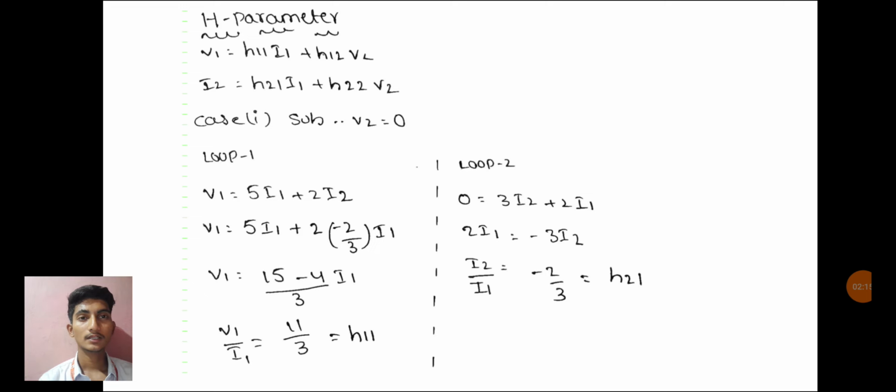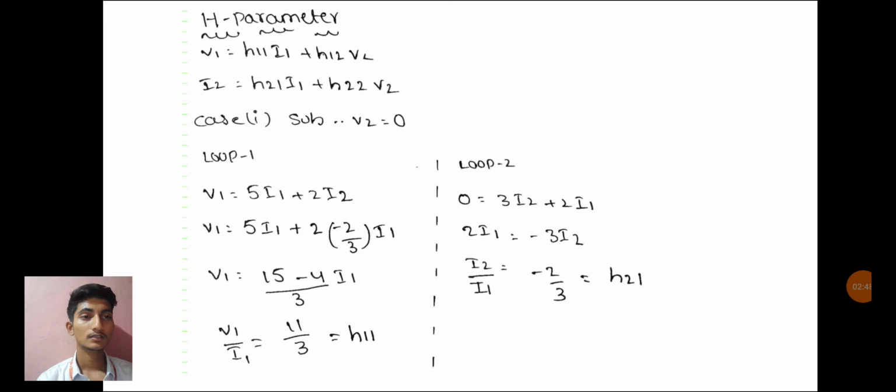For the H parameter, V1 equals H11 I1 plus H12 V2, and I2 equals H21 I1 plus H22 V2. Case 1: V2 equals 0. In the second loop, 3I2 plus 2I1 equals 0, so 2I1 equals minus 3I2, and I2 by I1 equals minus 2 by 3.